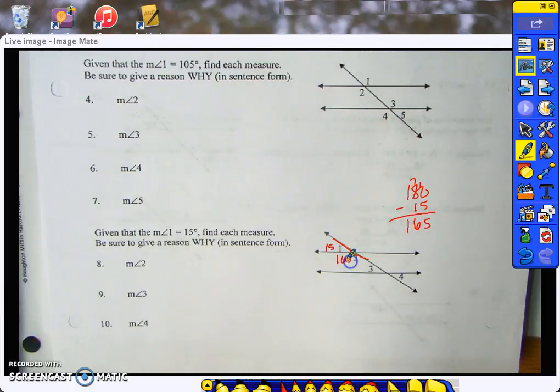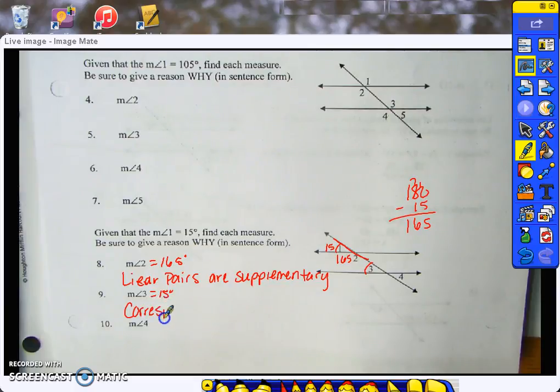So angle 2 is 165, because linear pairs are supplementary. 1 and 3 are corresponding, which means that they are congruent. So that's 15 degrees, because corresponding angles are congruent.